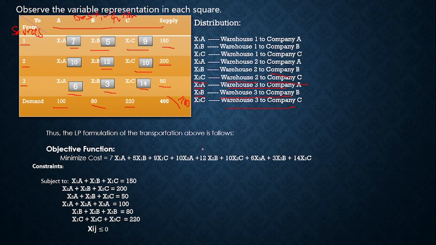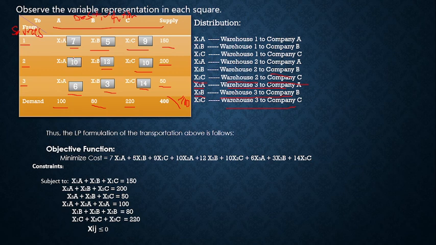The transportation model is as follows. The objective function: just copy in our tableau, the transportation model tableau.